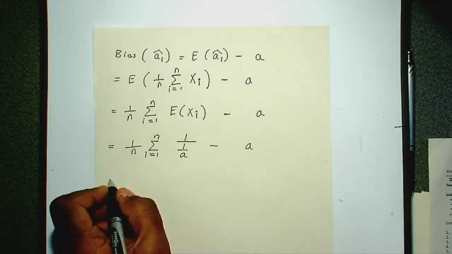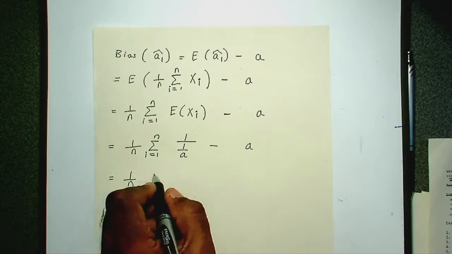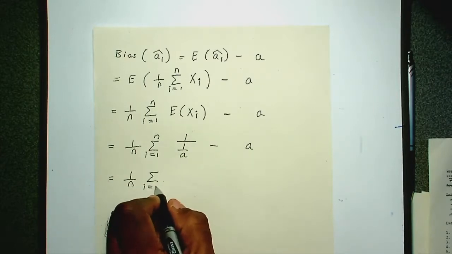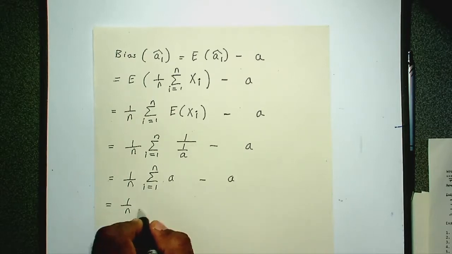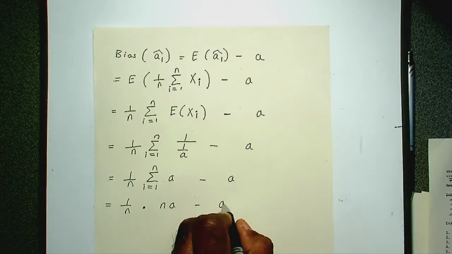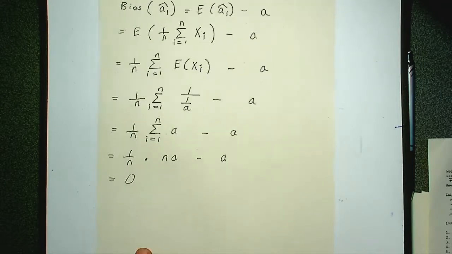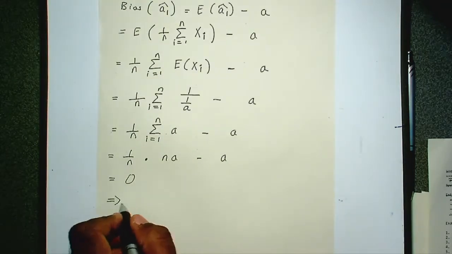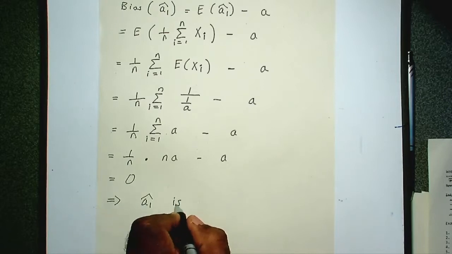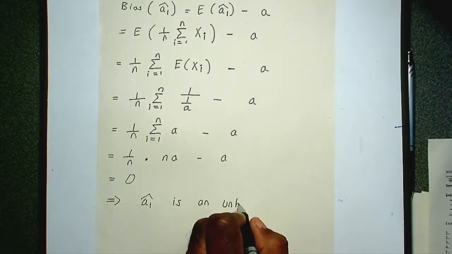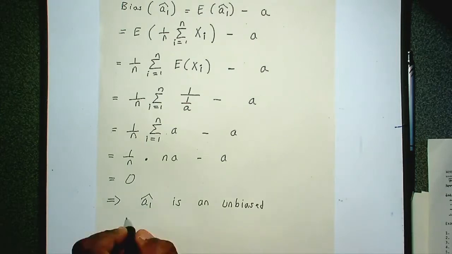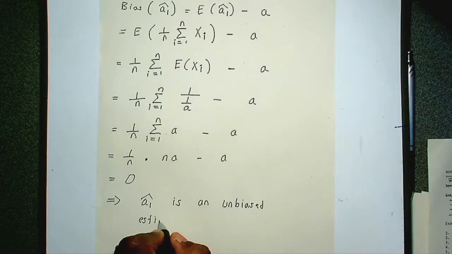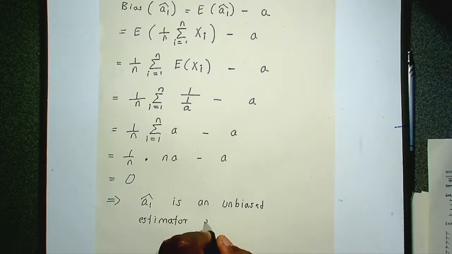So this is 0. So this implies that A1 hat is an unbiased estimator of A. All right, are you with me or not?